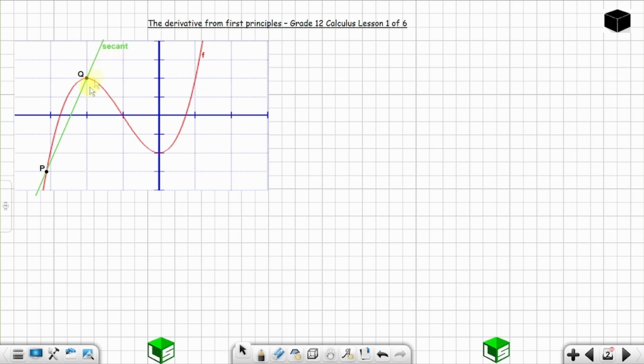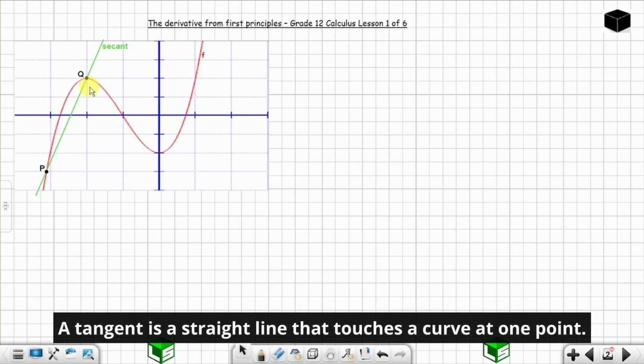You need to have any 2 points on a straight line so that you can find the gradient of that straight line. So we are going to use that knowledge, and from that knowledge we are going to see how to find the gradient of a tangent. You know that a tangent is a straight line that touches a curve at one point.